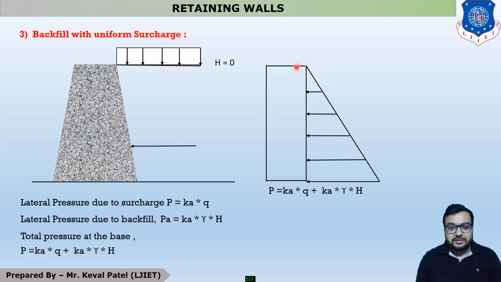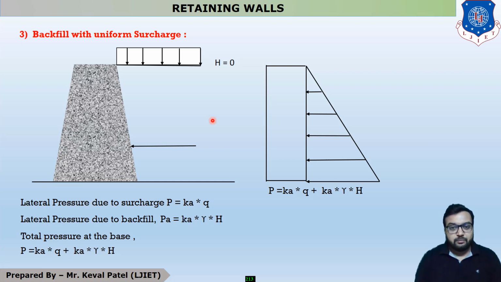Okay. So this is the pressure diagram, which is uniform, and it is also written in the case. So its value is K into q, and our soil is over here. So soil is trying to move away the retaining wall.